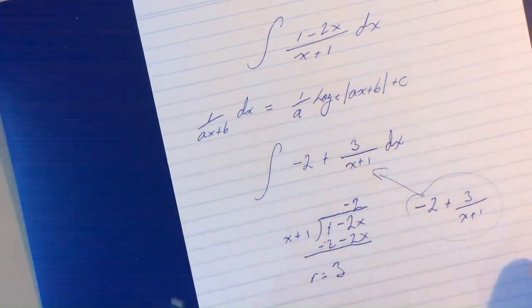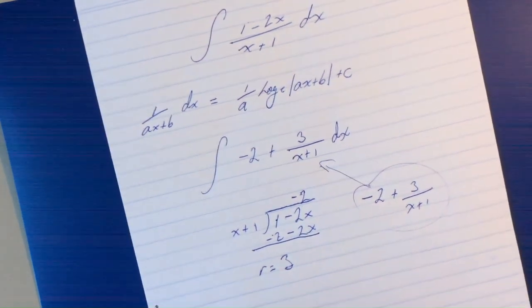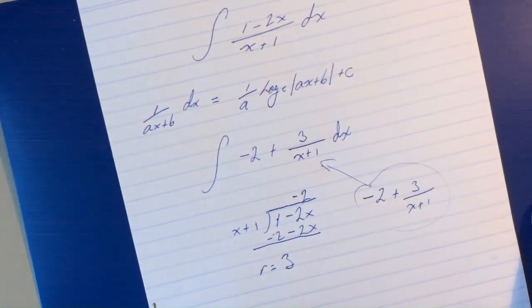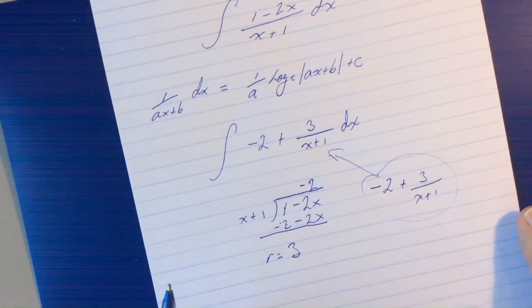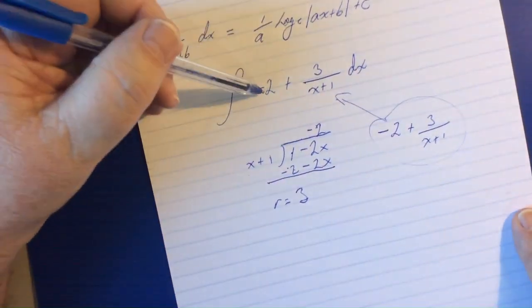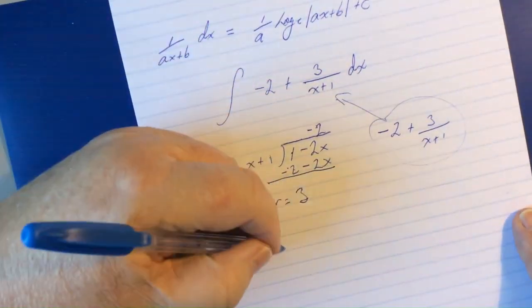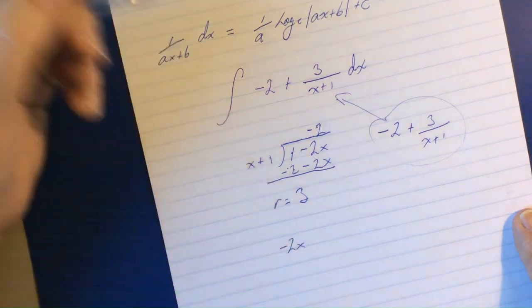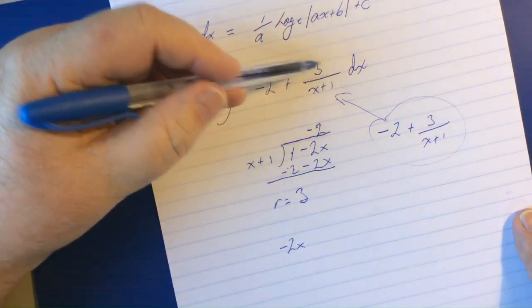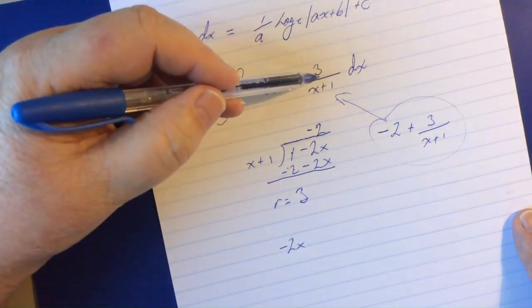Now, what that means is that this becomes a whole lot easier to work with. What is the antidifferential of this? Well, it's -2x. And what is the antidifferential of this?